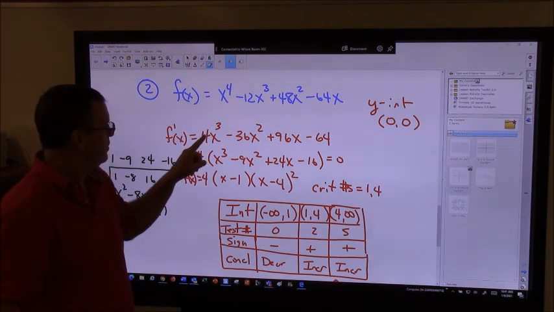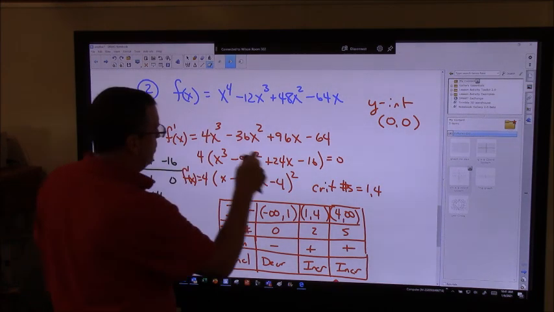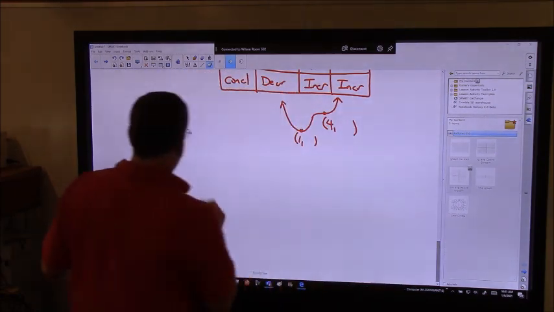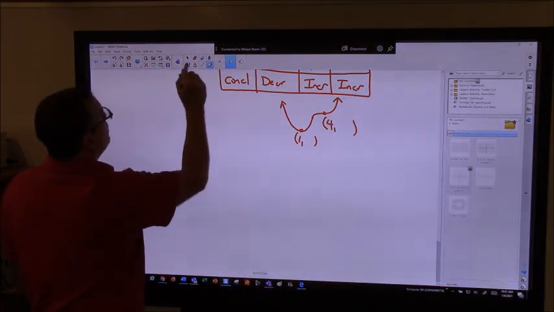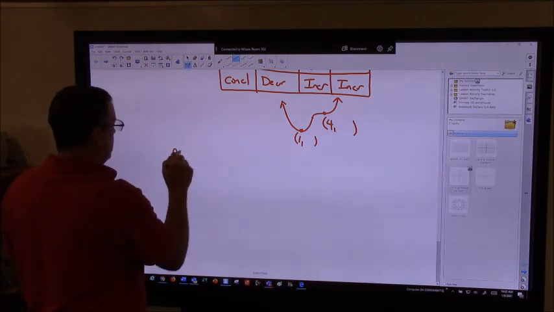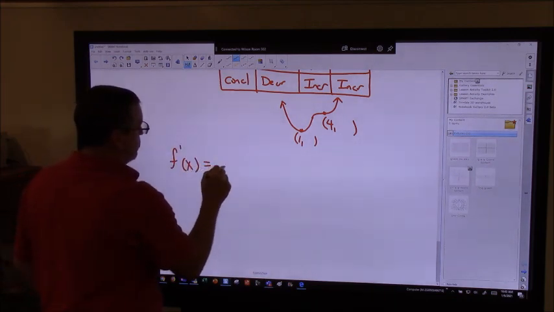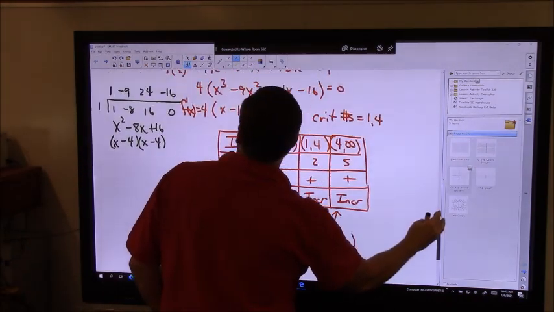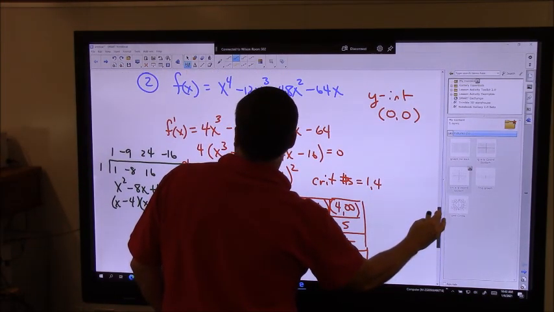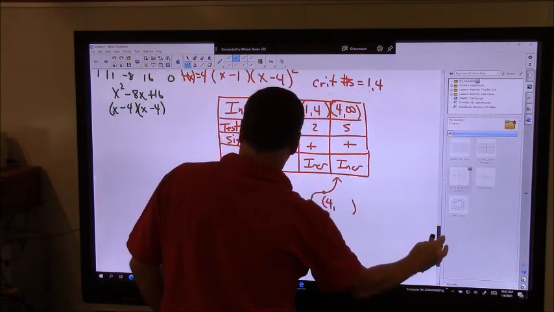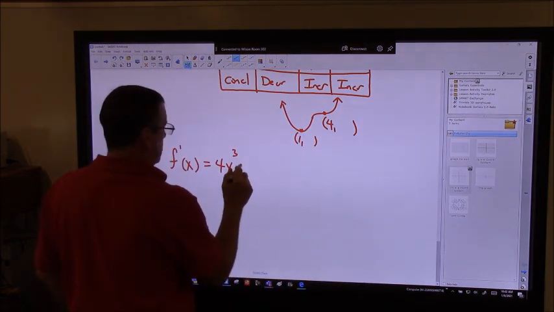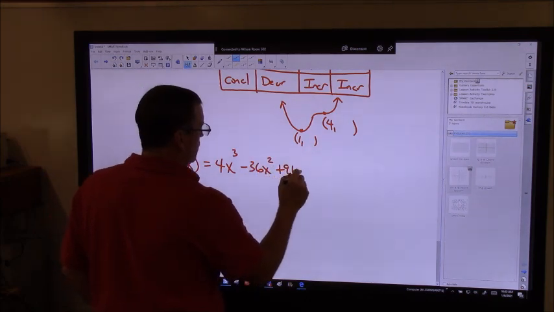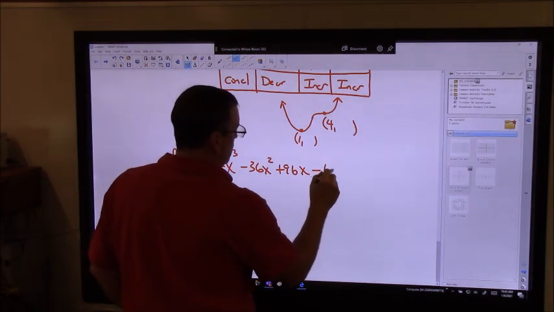All right? So let's see, we got 4, negative 36, 96, and negative 64. So f prime of x equals 4x cubed minus 36x squared plus 96x minus 64.